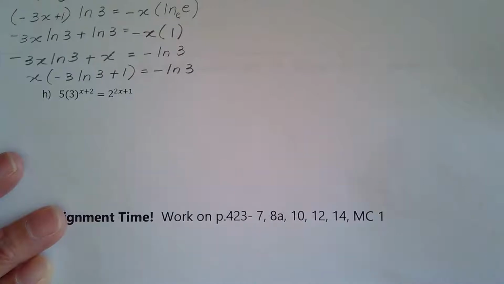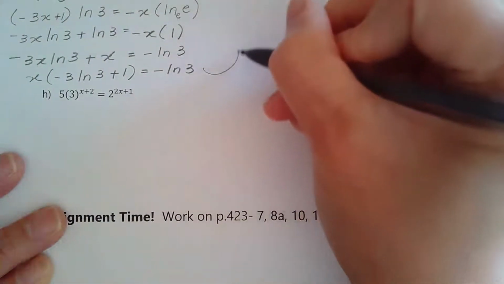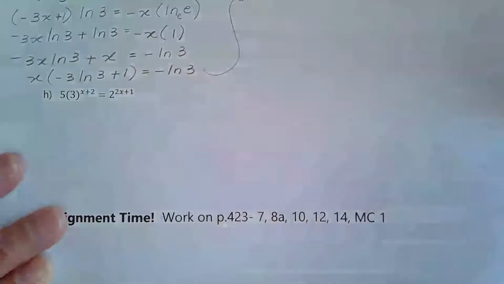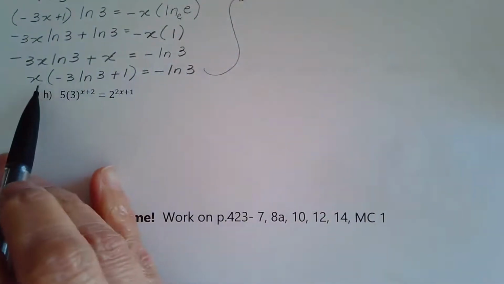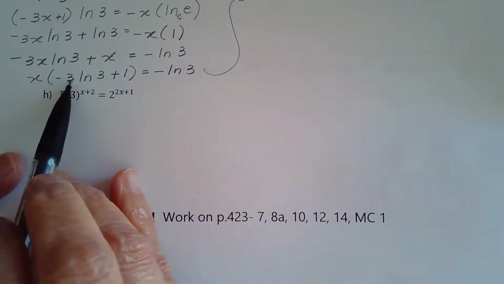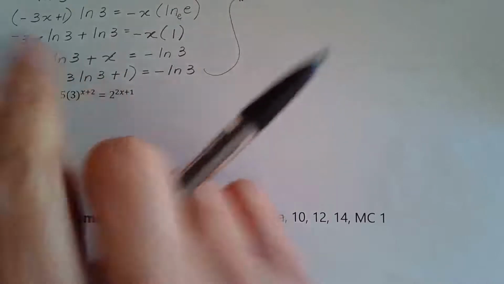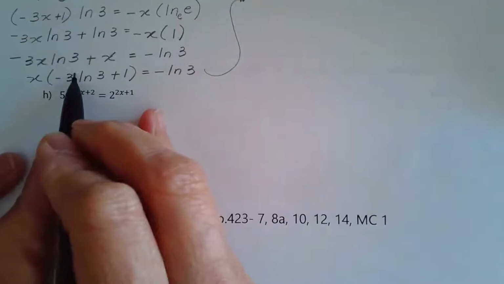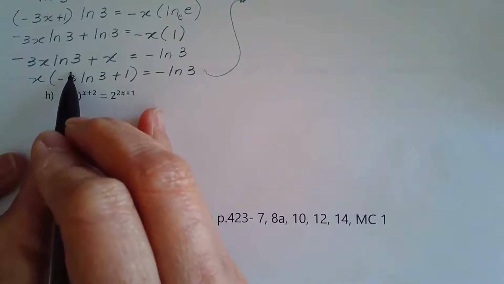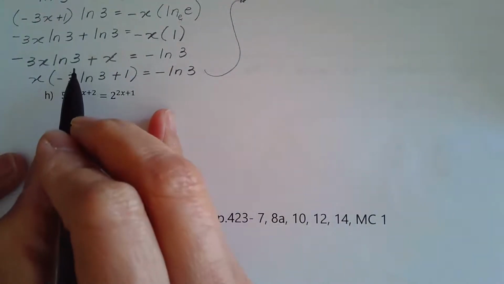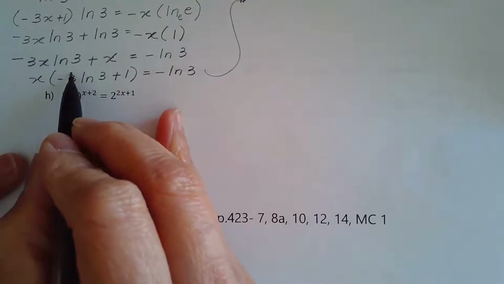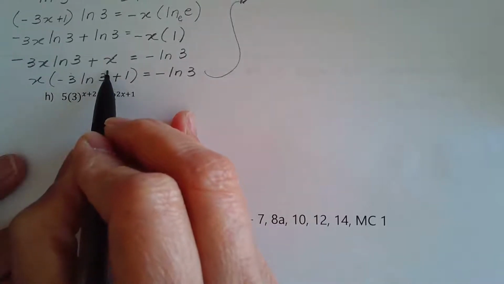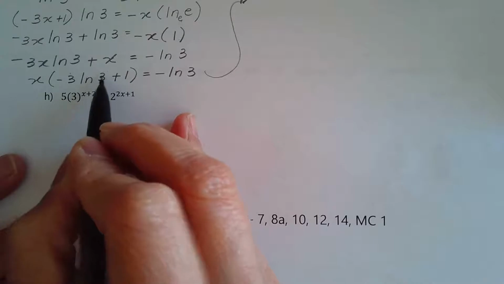Okay, what do we have? Now let's see if we can simplify this one here. This negative 3, we can bring up using the laws of logarithm to where the 3 is.